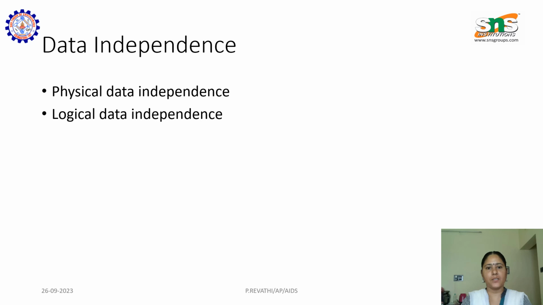Data independence. The modification of schema definition in one level without affecting the next higher level definition is called data independence. There are two types of data independence: physical data independence and logical data independence.